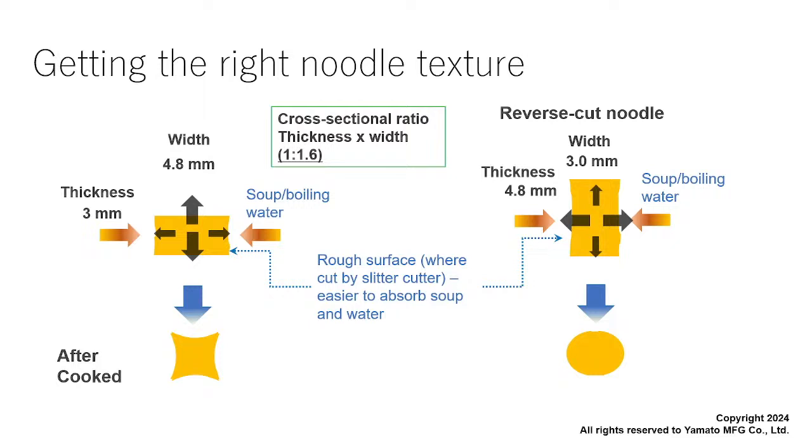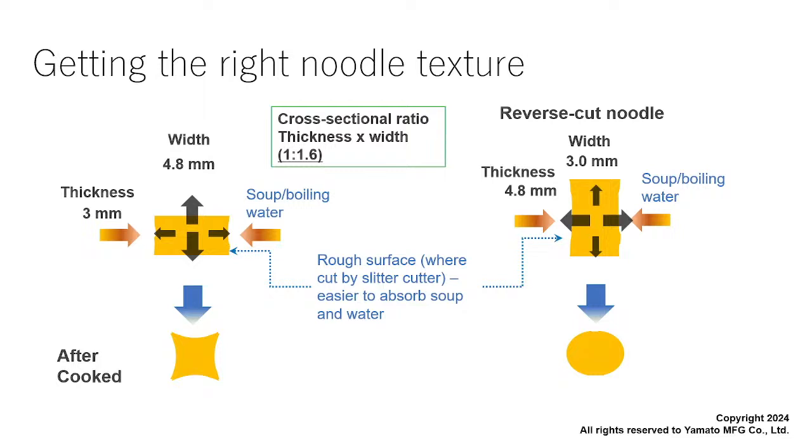When the noodles are cooked, they become shaped like this, a square with the four sides dented inwards. These dents are pockets that carry more soup when you eat the noodle. So it's a very good noodle texture.